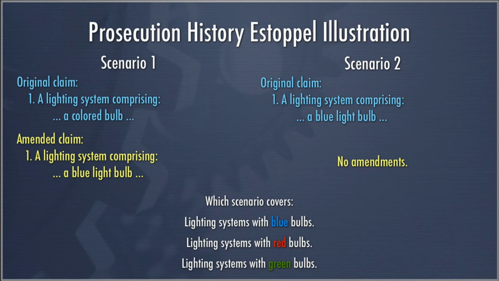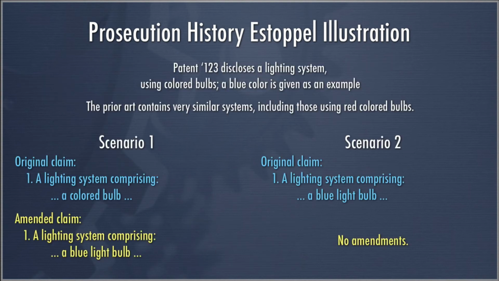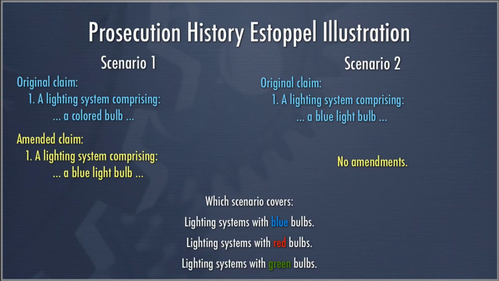The reason that scenario 1 would not get coverage over red bulbs is because, as you'll remember from the hypo, the red-colored bulb systems were asserted as prior art, and the patentee surrendered that coverage in going from a colored bulb claim to a blue light bulb claim element. Because that was asserted against them and they surrendered it, they cannot recapture it through the Doctrine of Equivalents.